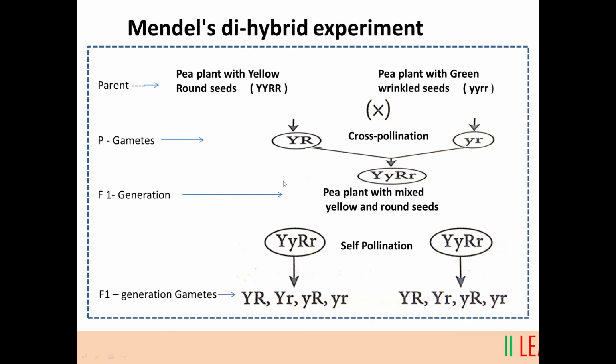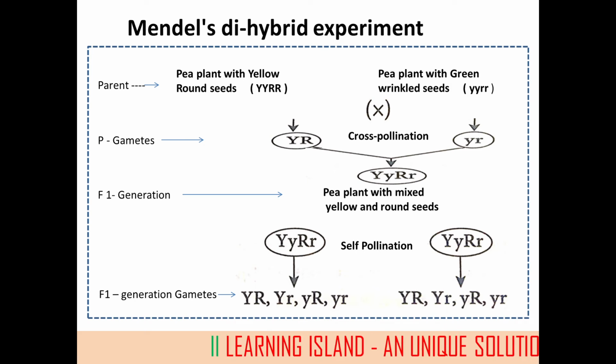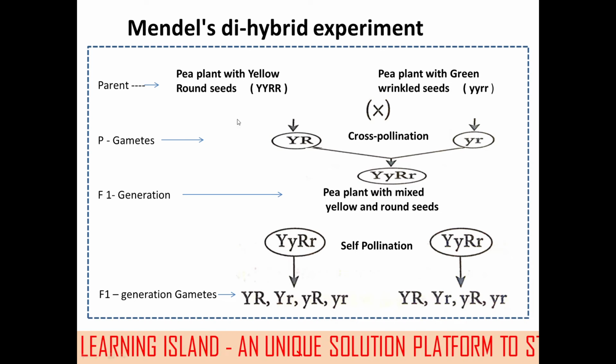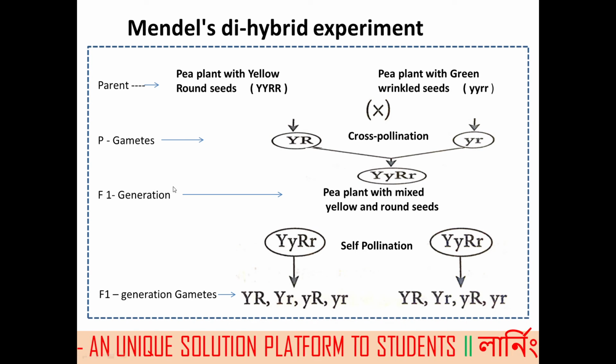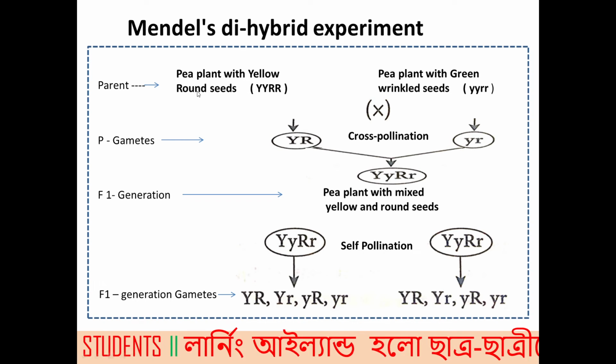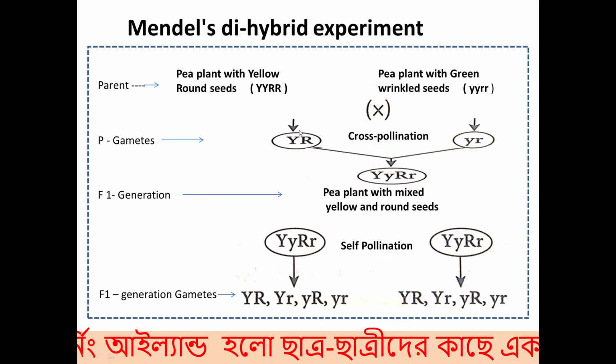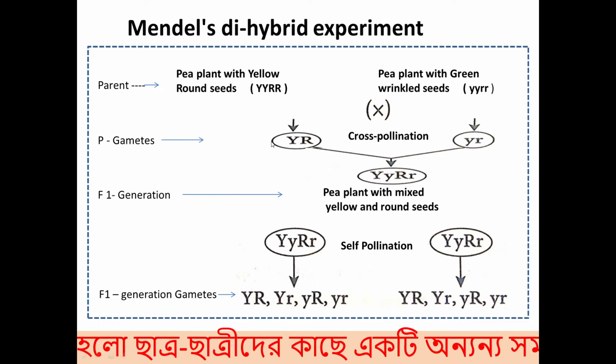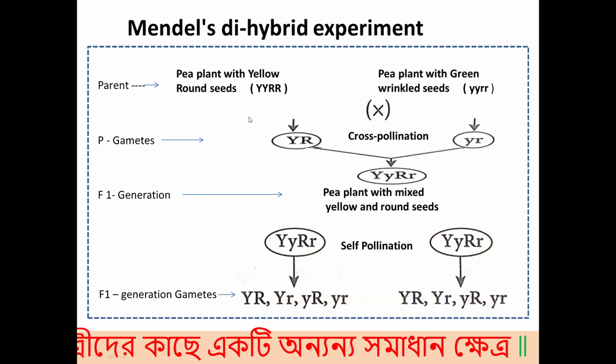This is the checkerboard of the second, that is the dihybrid experiment of Mendel's. Here you see the steps are similar to the monohybrid cross. Parent is the first step. This is the parents, and from the parent we take the gametes. So the P gamete stage, then make the cross pollination.